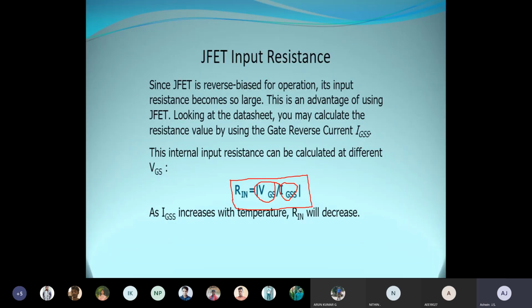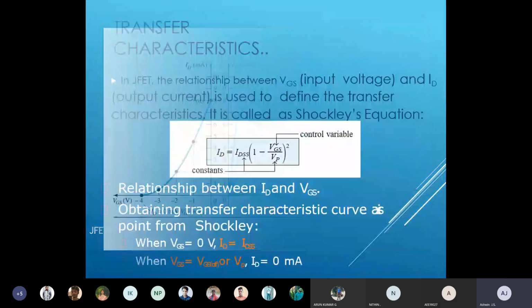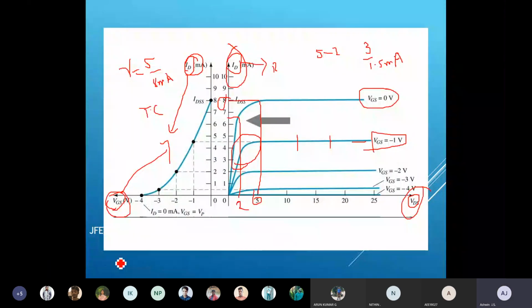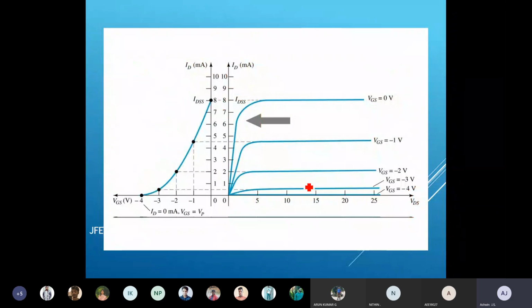Look at this graph. Which is output and which is input? Totally three parameters are there: one is your VGS, one is your ID, and another is VDS.